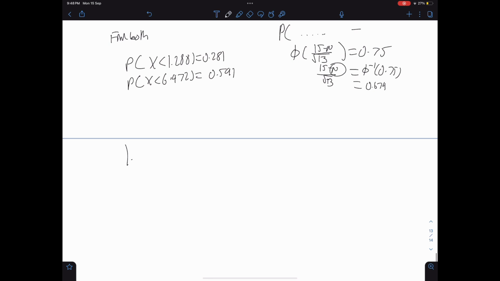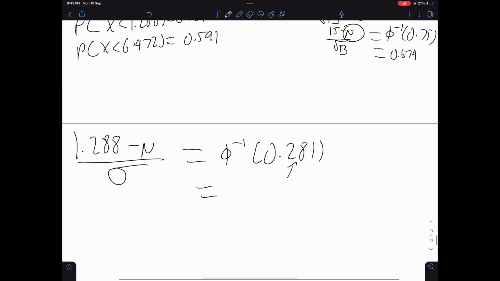So you'll do this and eventually you'd get to that equals phi inverse of 0.281. I'm skipping over the working. In videos when I do practice questions, I'll be doing full working.